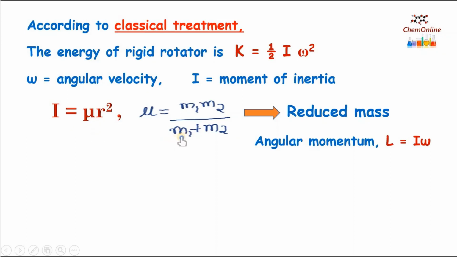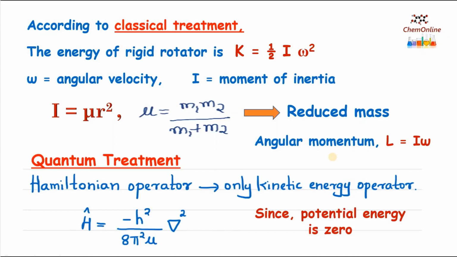So instead of 2 point masses, we are treating it as a single mass mu, equal to m1 m2 by m1 plus m2, and r is the bond length, and the angular momentum is given by L equals I omega.